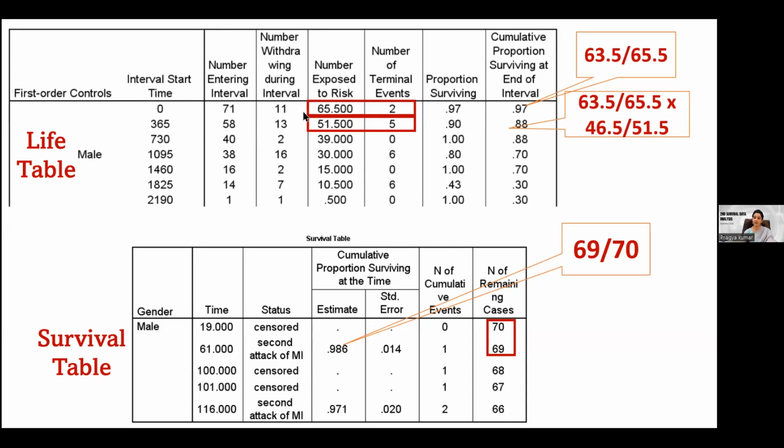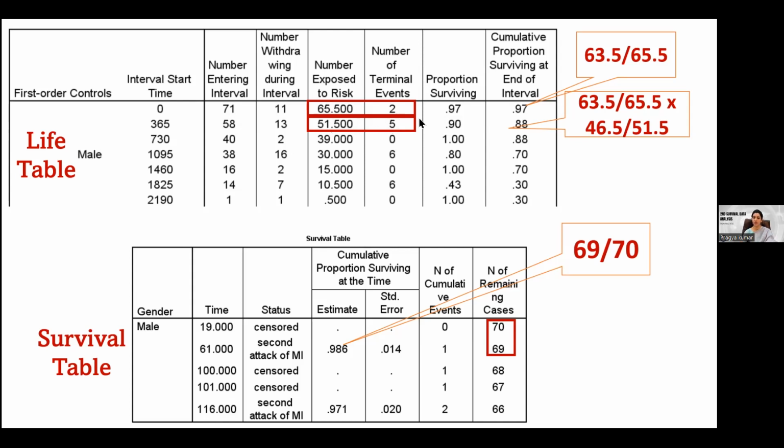Then again, the number withdrawn during the interval was 13. So I'll deduct again 6.5. So 6.5 and then 2 events have occurred here, so 8.5. So I have deducted 8.5 from 65 and this comes as 51.5. Number of events were 5. So if you do 5 by 51.5, how much is left?